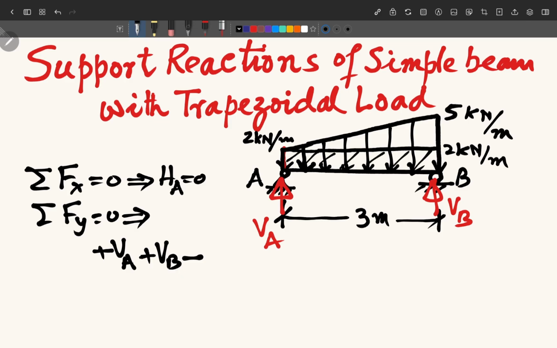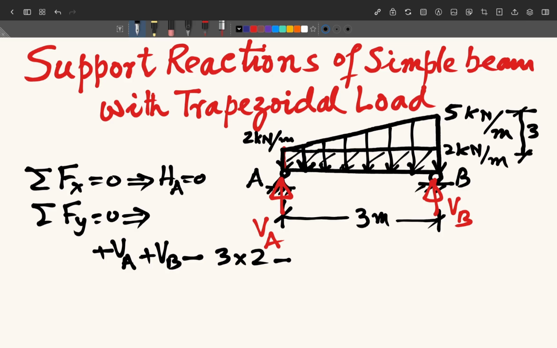So the UDL is 3 multiplied by 2. This is the amount because 2 kilonewton per meter over a length of 3 meters, so total is 3 into 2. Then we have this triangular load with the intensity of only 3 here. This is just 3 kilonewton per meter, the difference of 5 minus 2.